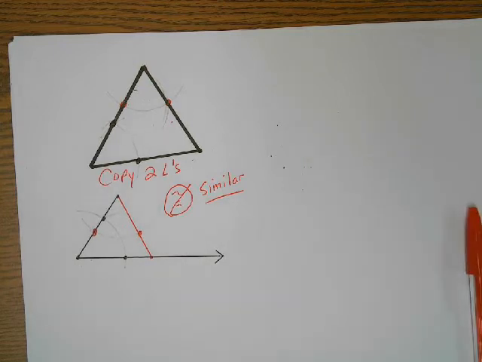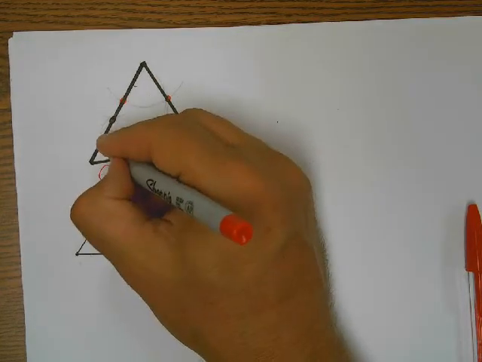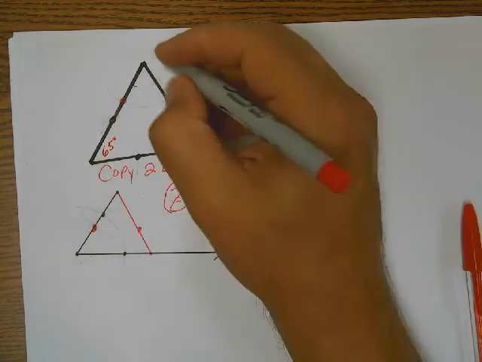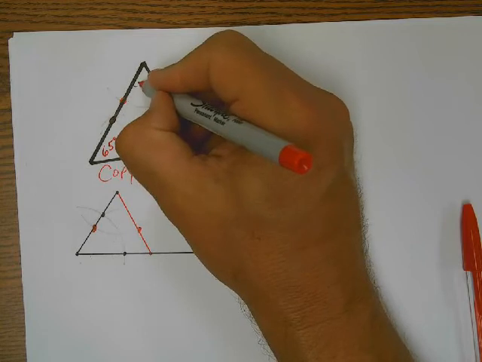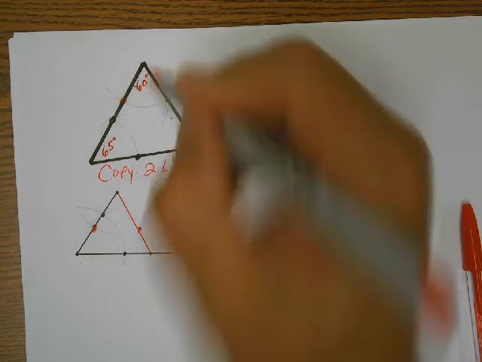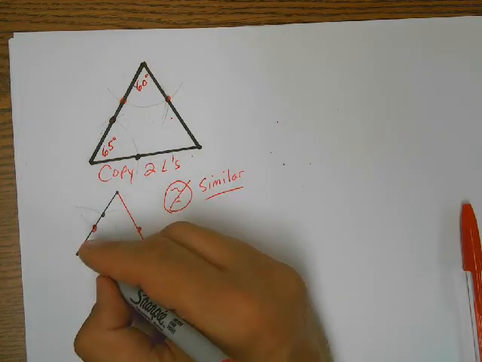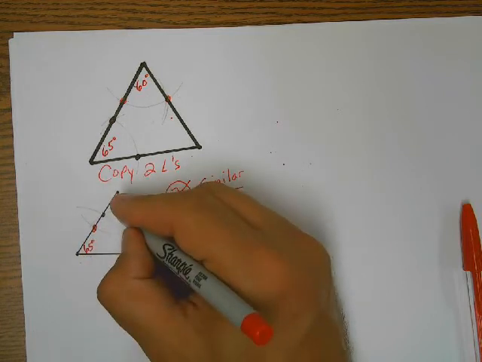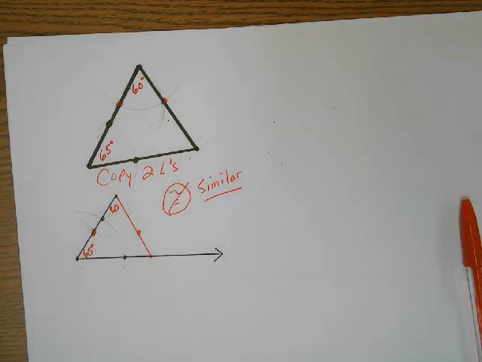Now let's just say that we're throwing numbers around and that this angle here is 65 degrees and this one here we just measure to be 60 degrees. Well, since we copied both of those, they've got to be pretty close if we're precise at all. Those are 65 and 60. Does anybody remember what all three angles add up to be within a triangle?